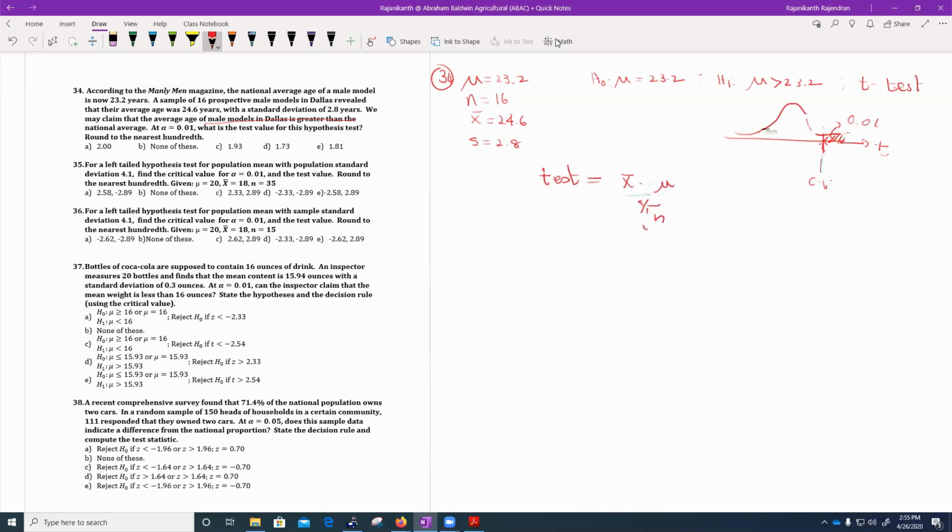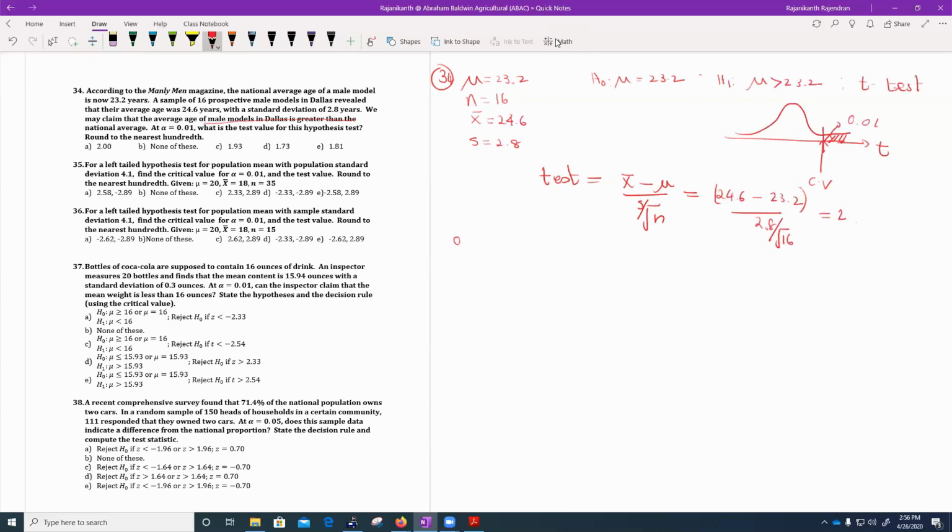You can go and check your notes. So x bar is given now, 24.6 minus mu is 23.2, over the standard deviation 2.8 over square root of n, which is 16. Make sure that you put the parentheses here to get the correct answer. If you simplify, you should get exactly 2.